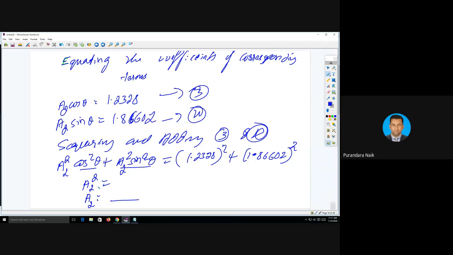Answer for a2. Similarly, equation 4 divided by 3: tan theta is equal to 1.86602 divided by 1.2328. Answer for a2.